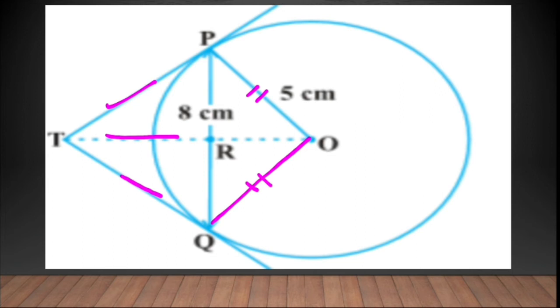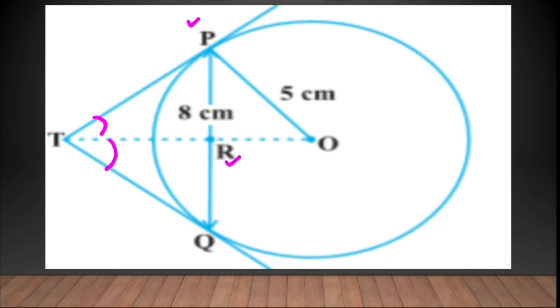Now since they are congruent triangles, this angle will be equal to this angle. Now you have to take triangle PRT and triangle QRT, this one and this one. If you take these two triangles, you can say that these two angles are equal.